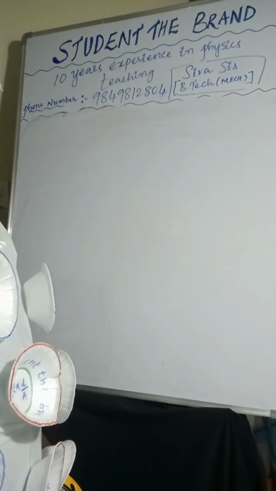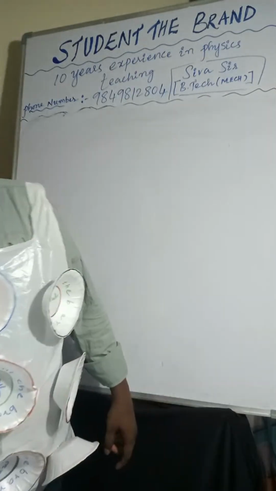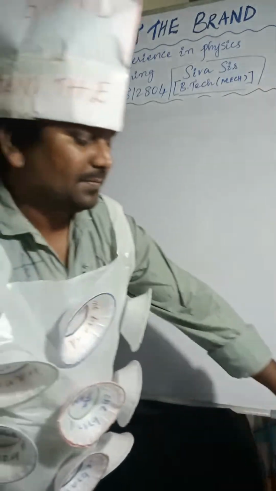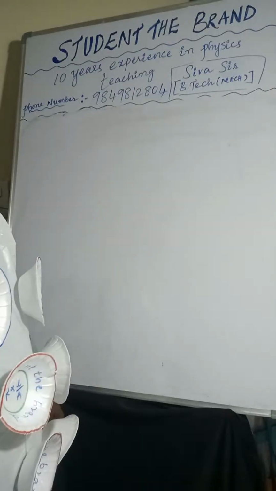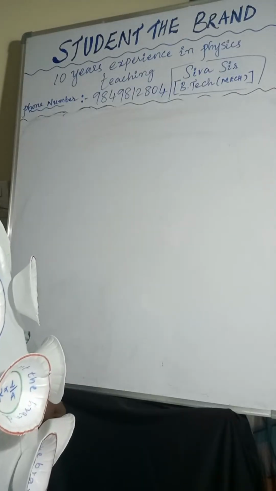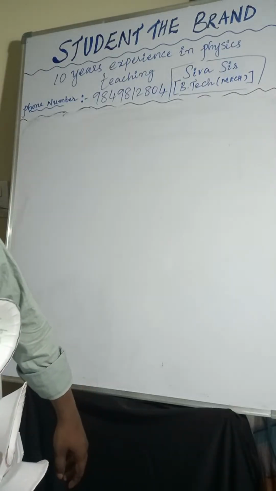Distance positive. Along the instant race. Distance positive along the instant race. Distance negative opposite to instant race.